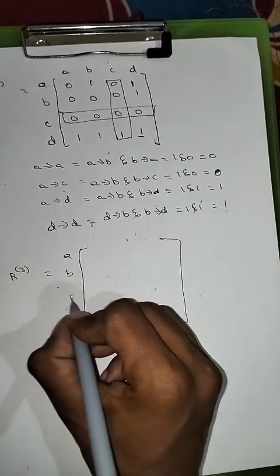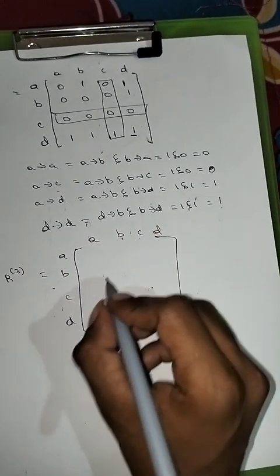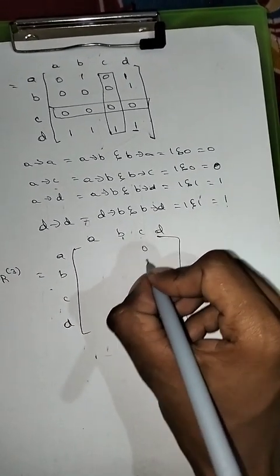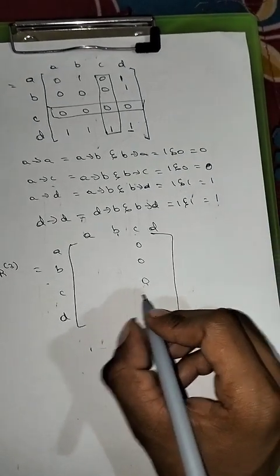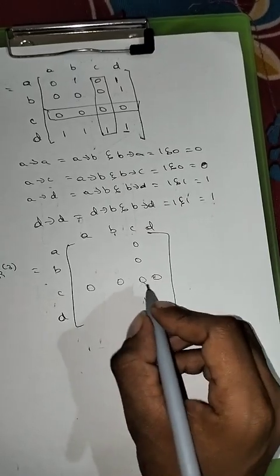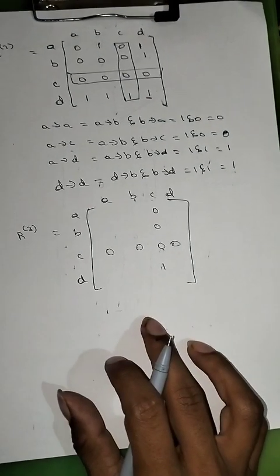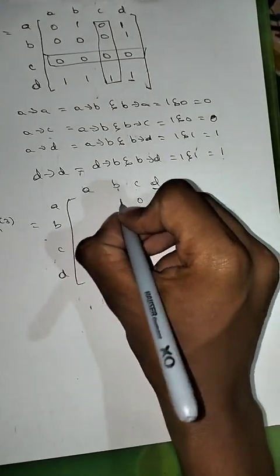A, B, C, D, A, B, C, D. Since we are writing the third row and third column the same, 0, 0, 0, 1 and 0, 0, 0. And the ones we place the same.